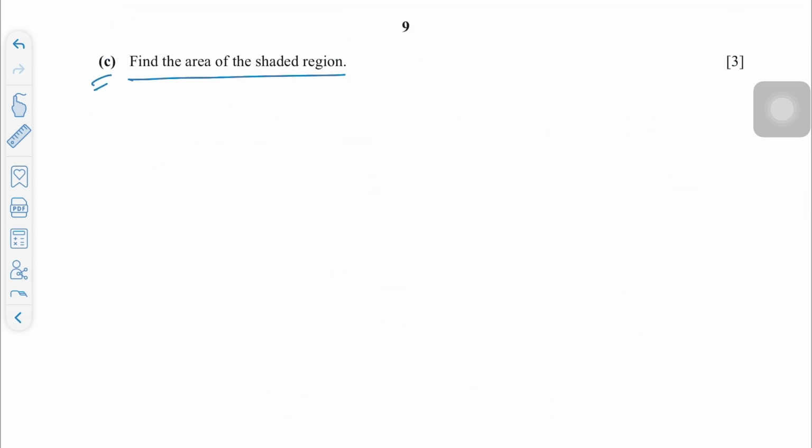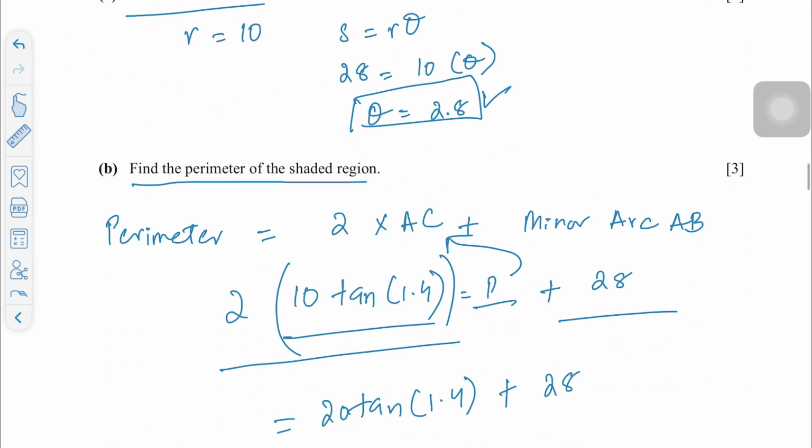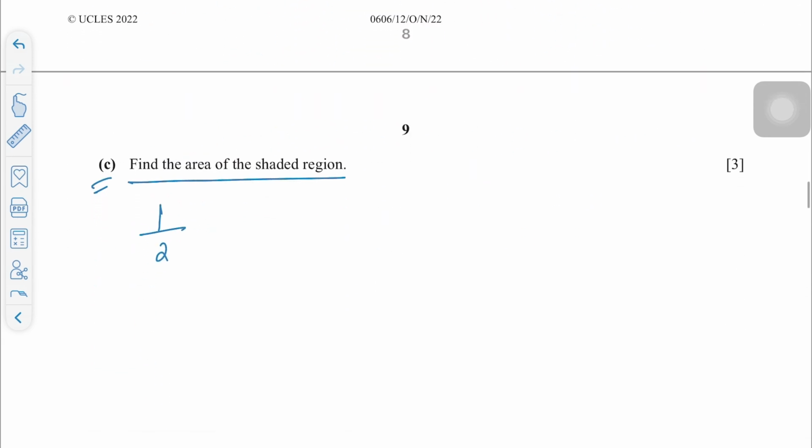So we'll have the area of the triangle as, we have our base, that is this 10, and we have our AC as well, that is our height, or you can just flip it, right? So this is 1/2 multiplied by tan 1.4 and then this 10 is multiplied. This is subtracted by the area of sector.